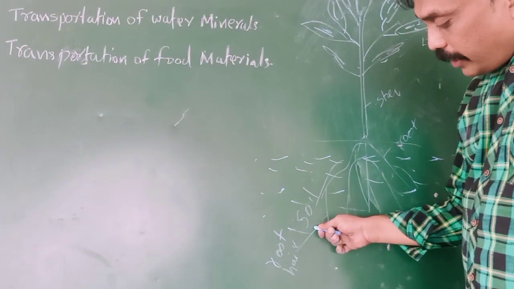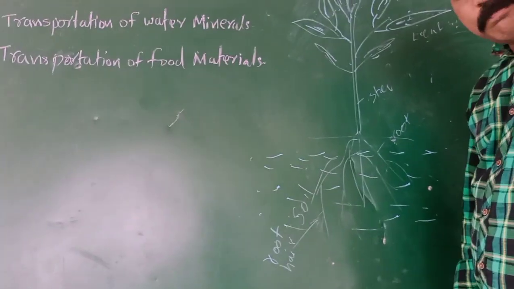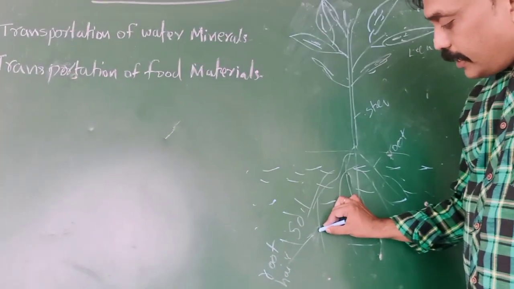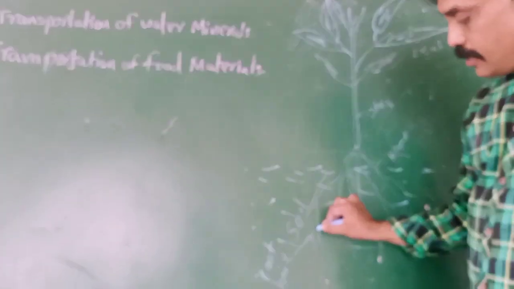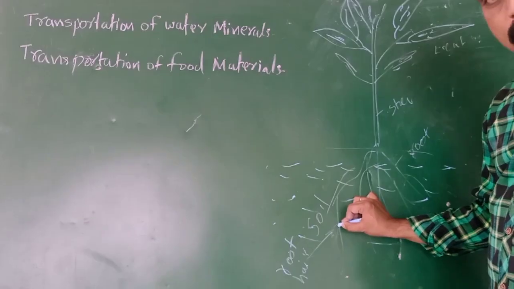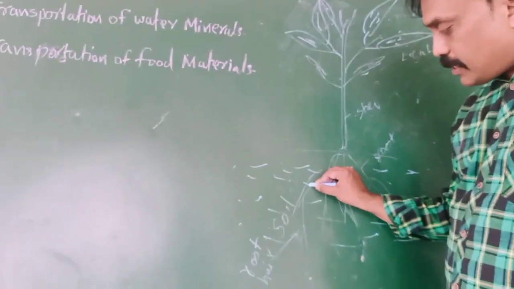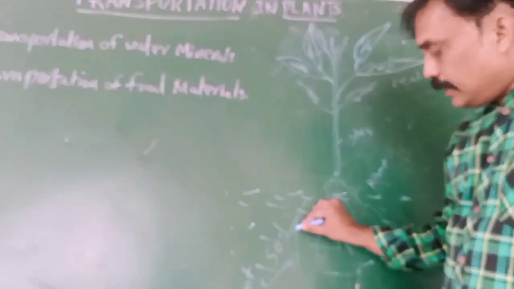Through the root hairs, water is sent into the roots, into the xylem vessels.